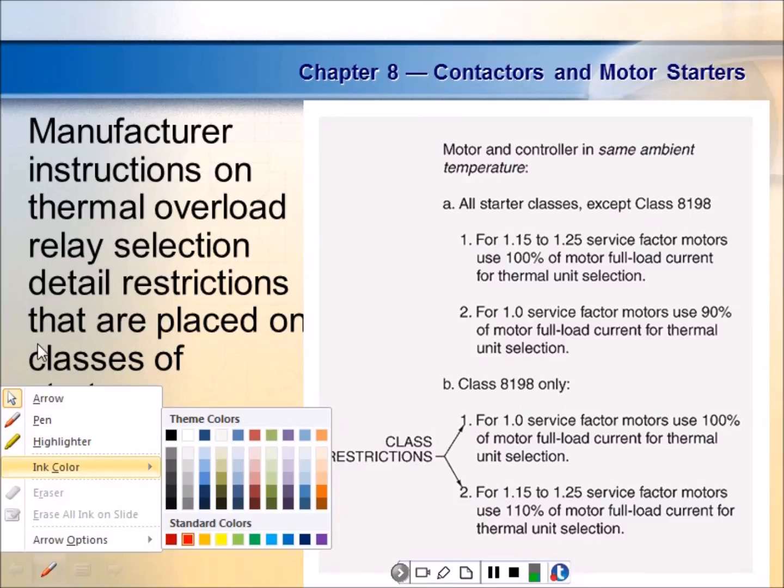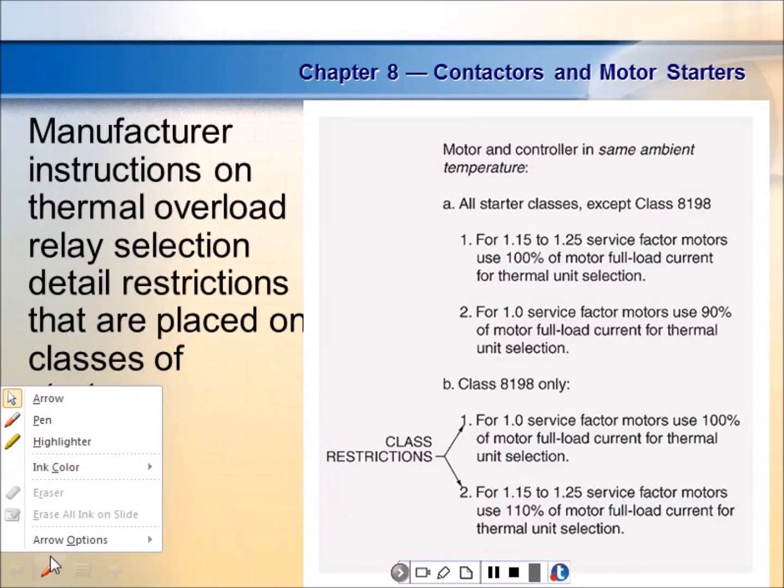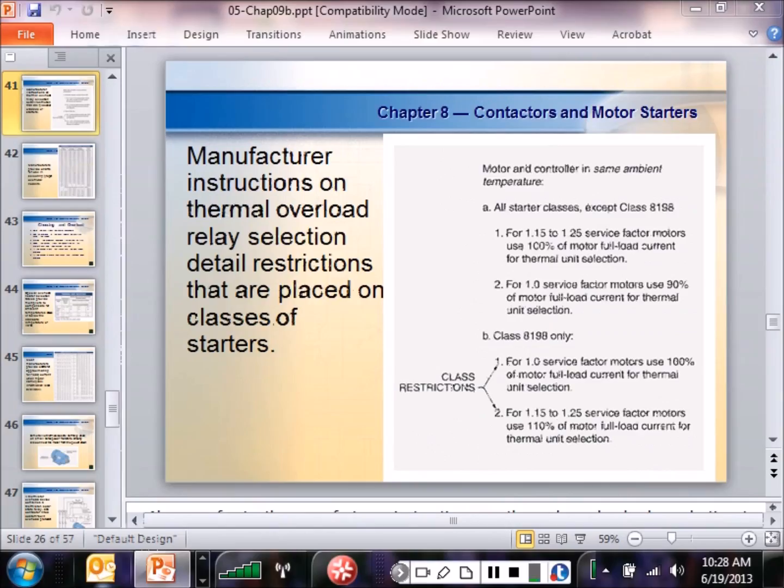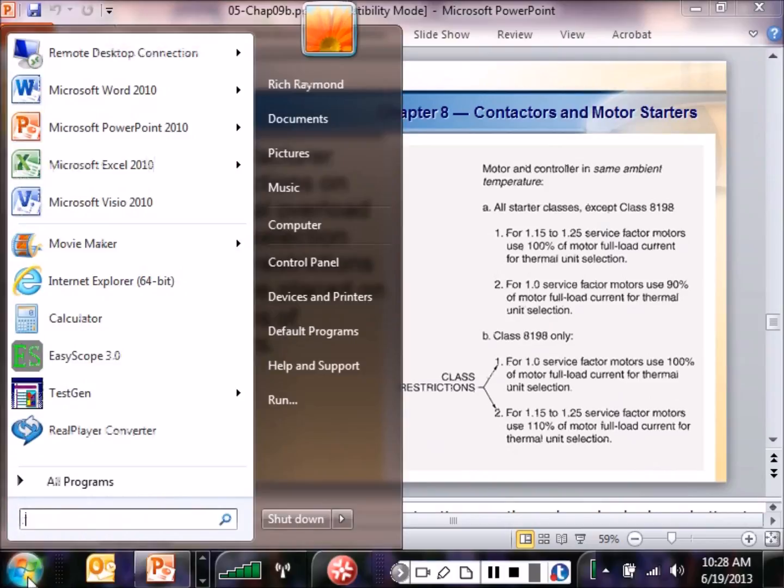So let me bring up the procedure. They changed the book, and they changed this procedure, but this is the procedure I'm going to give you. It's on the test.